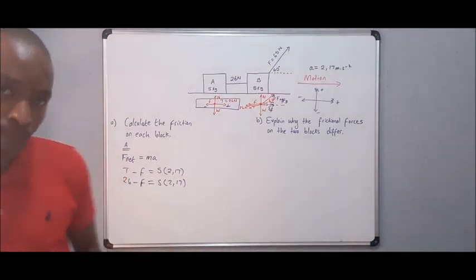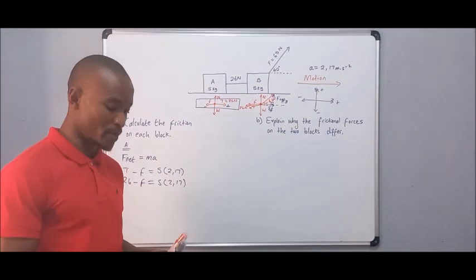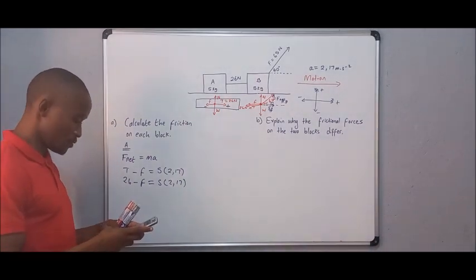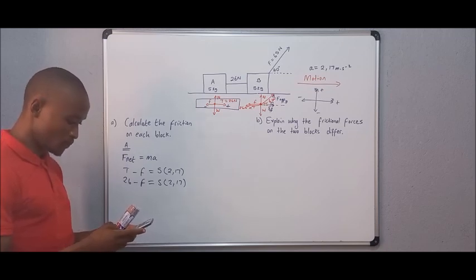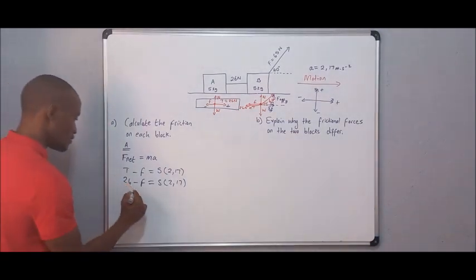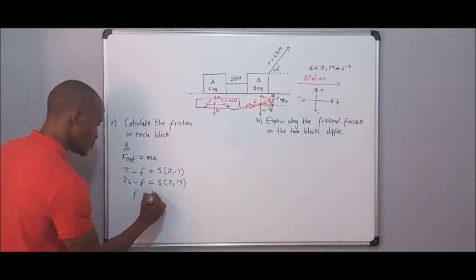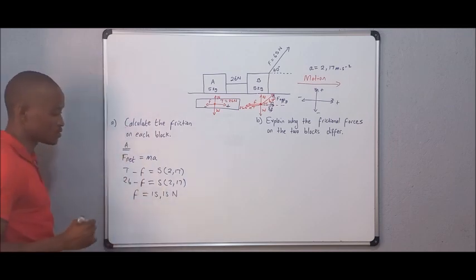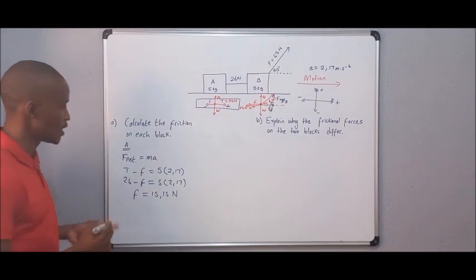Please do it with me. Trust that you are also participating, working with me, calculating this, so that you confirm that what you see is indeed true. Okay, so when you do the calculation, I get that the frictional force for block A will be 15.15 newtons. That's the magnitude of the frictional force for A.